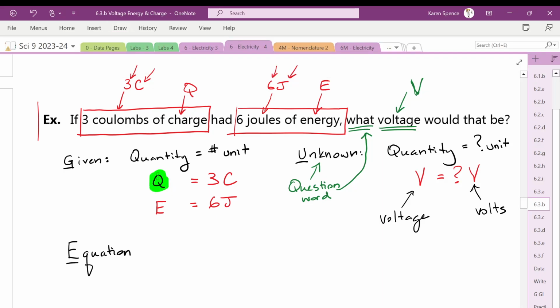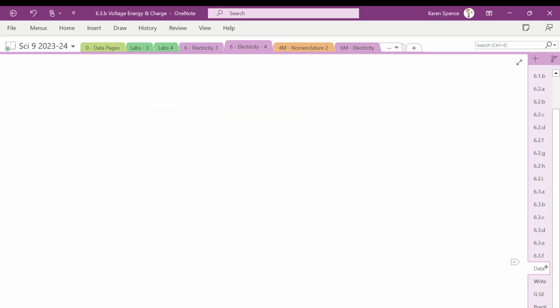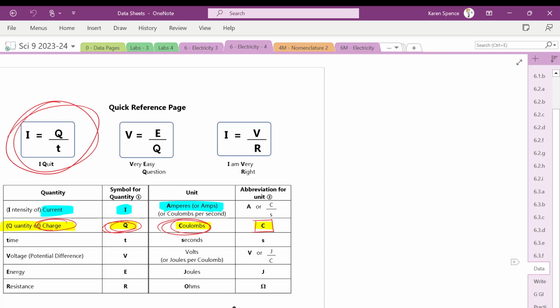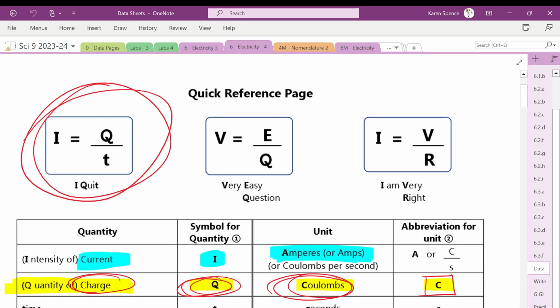I have Q, and I have E, and I have V. I have 3 quantities. There should be a formula that relates those 3 quantities. And if I don't remember it, I can look on my data sheet. We want one that relates Q and E and V. So you pick the correct one from the top of the page.